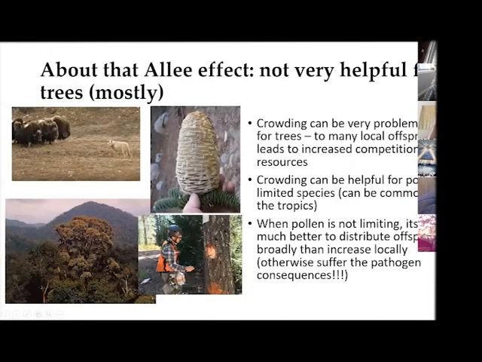Okay. Now, I always go through Allee effects because they're interesting, but they're really problematic for trees. And the reason for that is because trees cannot move. For organisms that move, animals, positive Allee effects are great. Defense helps maintain your population, helps support the reproduction of your young, and that's great.